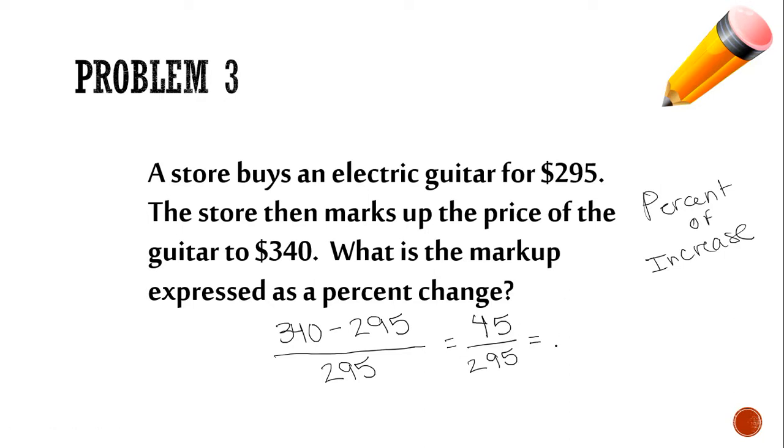Once I divided this, I got 0.153. If I multiply that by 100, because remember when you change it into percent, I get 15.3% change. So they actually marked up the guitar by 15%, which is pretty significant if you think about it.